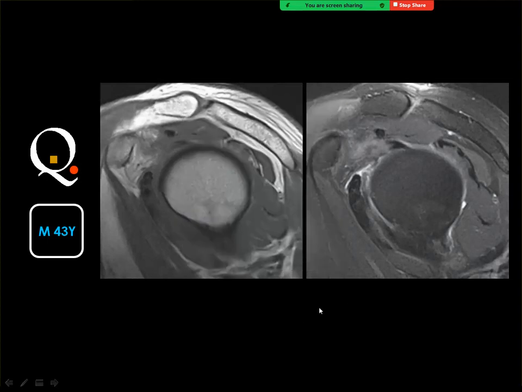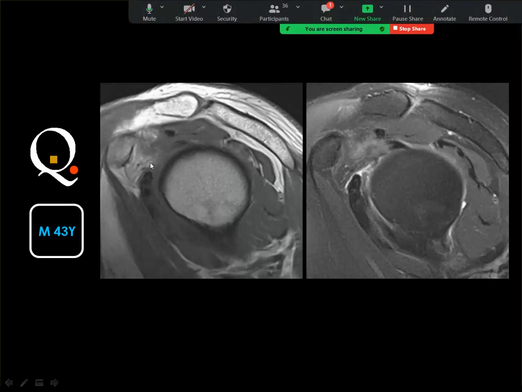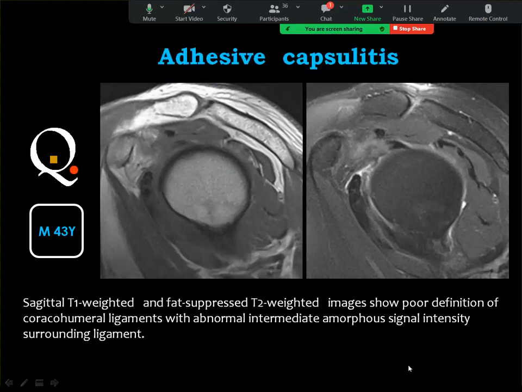But in this situation, you see that the coracohumeral ligament is not identified, and the rotator interval is obliterated. The fat is obliterated by abnormal tissue, which is of low signal in the T1 and bright signal in the T2. And this represents, as I have said, one of the findings of adhesive capsulitis.